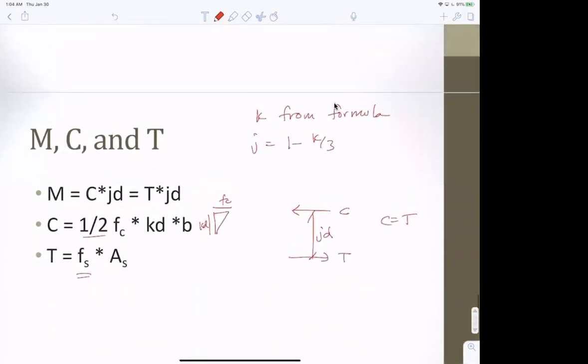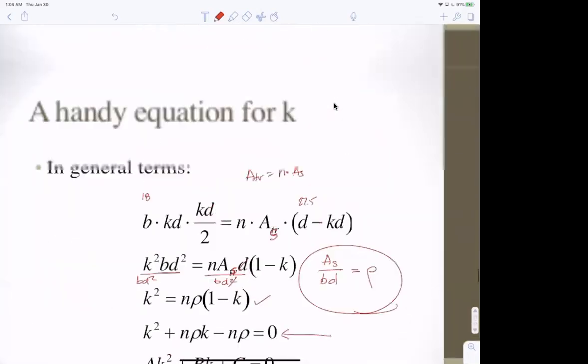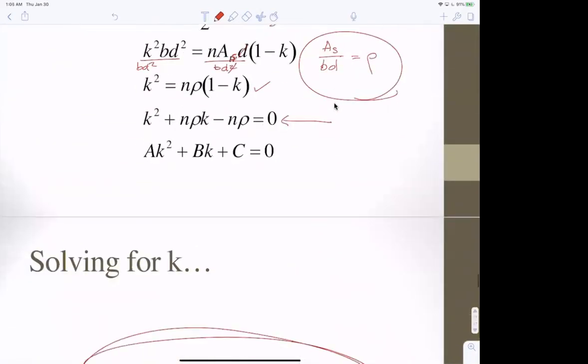But the key thing I want you to remember of all this is this.